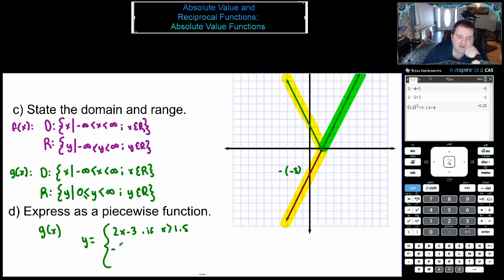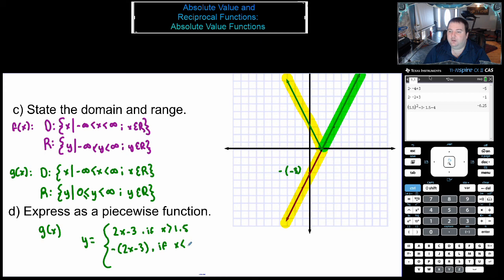So how do we write that? Well, you say negative 2x minus 3. So if, for example, 2x minus 3 equaled negative 3, well, if you do negative times negative 3, that makes it positive 3, which is what it is up here. So by saying negative of our original function, we are turning all those values positive. So g of x is going to look like the negative of 2x minus 3 if x is what?